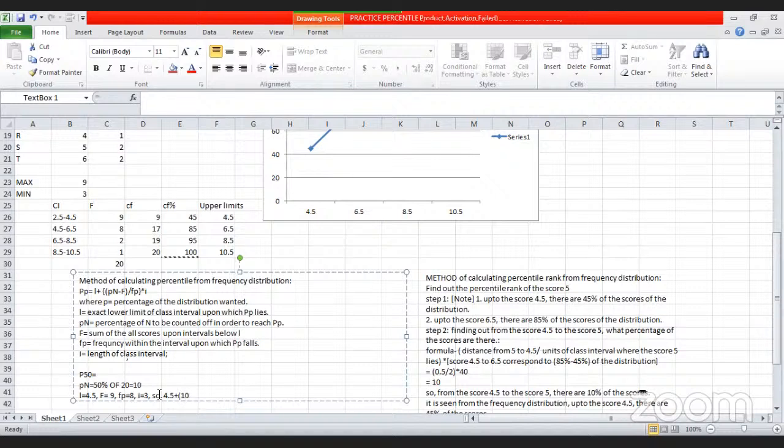So 10 minus, if capital F is equal to 9, so 10 minus 9, divided by Fp, that is 8.